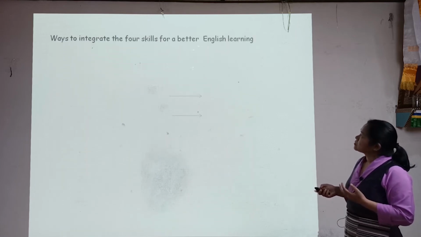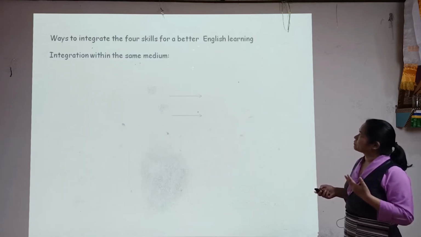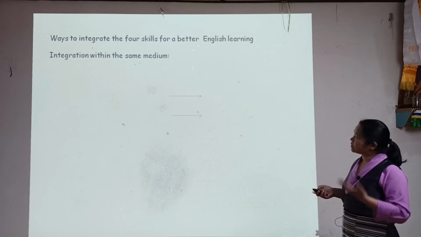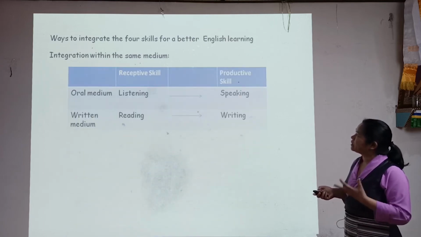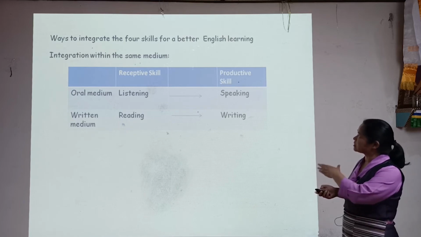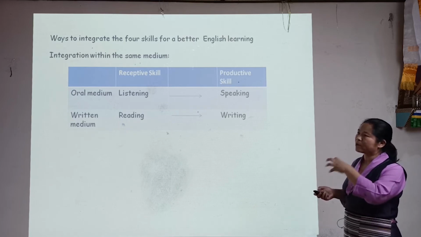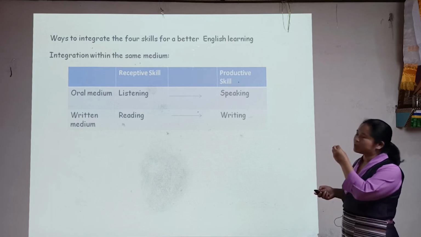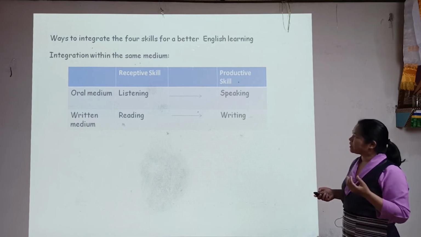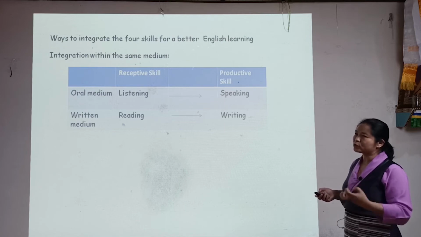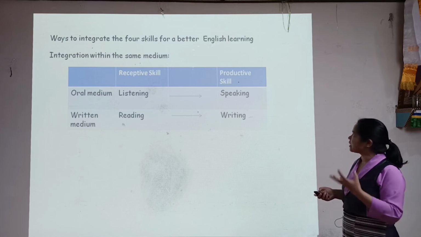The simplest way of integrating the four skills is combining them in the same medium. For example, the oral medium. We have two oral skills, listening and speaking, where we use sounds. If we combine listening and speaking, it is very easy. And then we have the second medium, the written medium, in which we use symbols and signs, reading and writing.